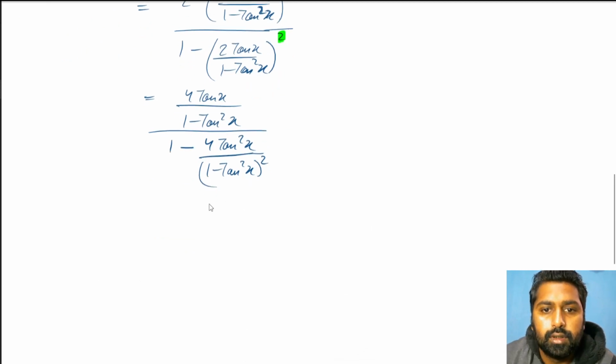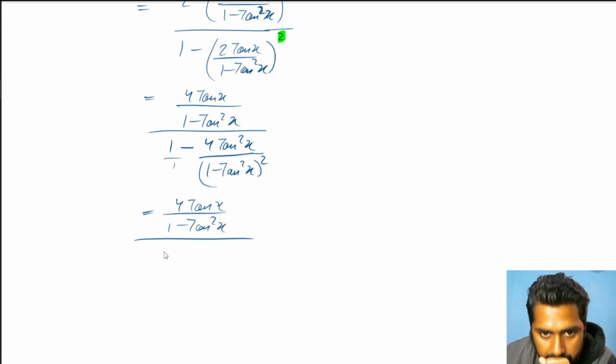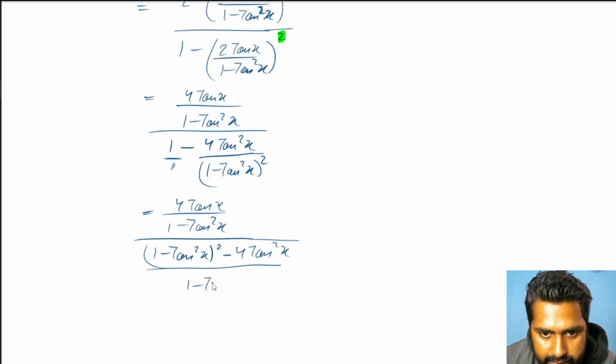All right, now let's solve. I'll take the LCM in the denominator first of all here, and take the denominator in the numerator. So this becomes 4 tan x 1 minus tan square x upon, if I take the LCM in the denominator, this becomes 1 minus tan square x whole square minus 4 tan square x upon 1 minus tan square x whole square.